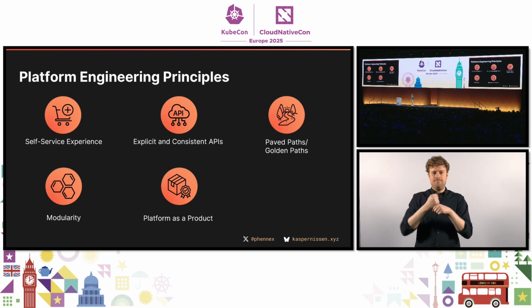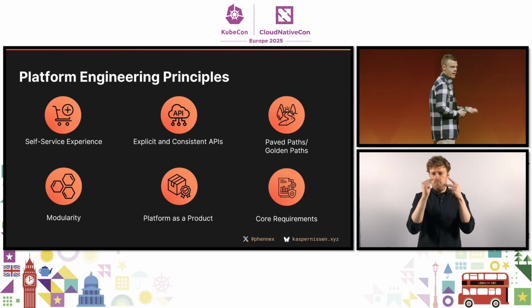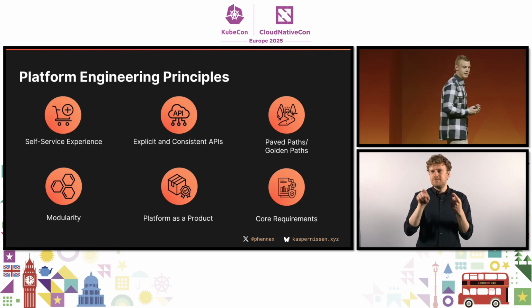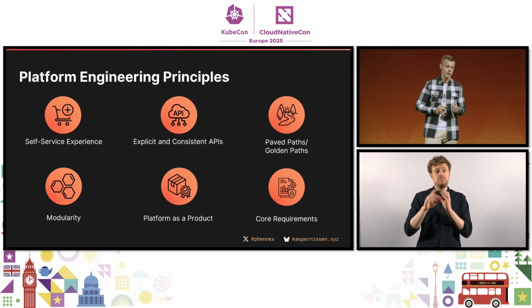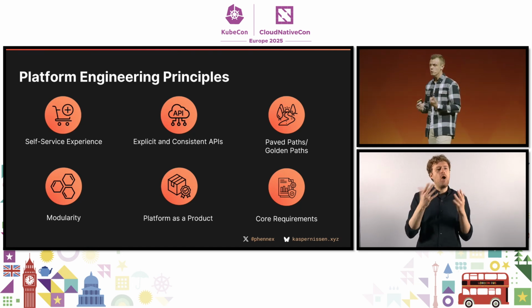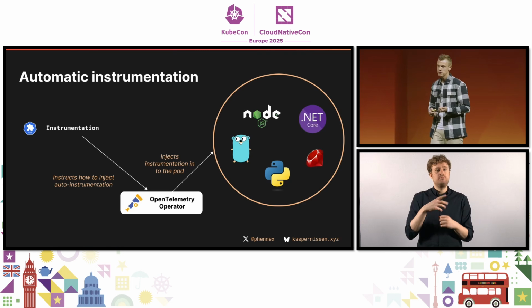And of course, observability should be treated as a product with support, documentation, and continuous improvement. And a strong observability platform ensures effortless telemetry collection, cross-signal correlation, and integration into existing workflows. So by embedding observability into developer workflows, we remove friction, reduce toil, and unlock real value.